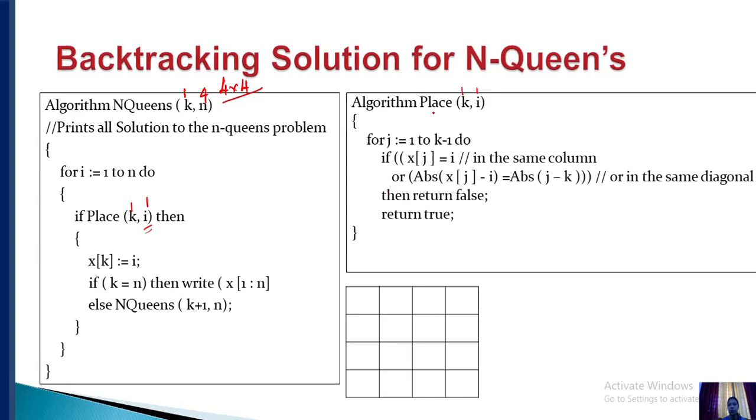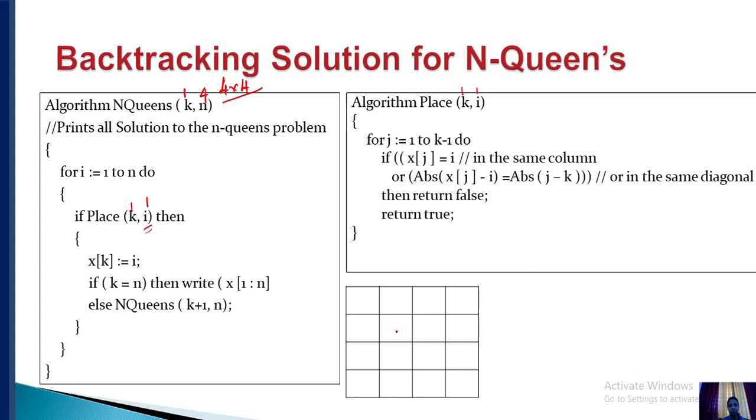If I want to check whether I can place this particular kth queen in a particular position i, it should not clash vertically or horizontally or diagonally with any other queens. If it is not clashing or attacking, then only I can place this particular queen in this particular position. That is what is checked in this algorithm place. So here we have to check for the previous queens.